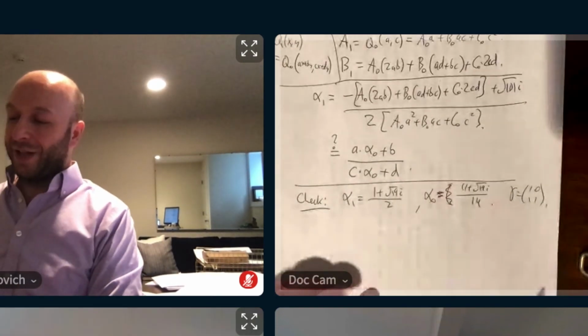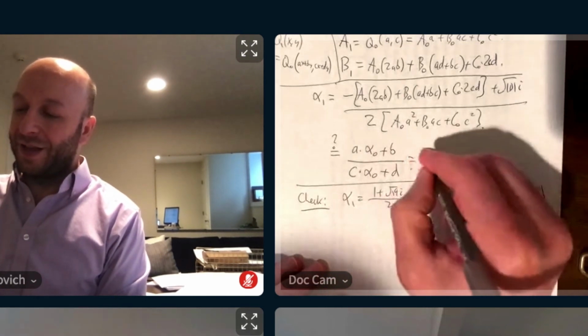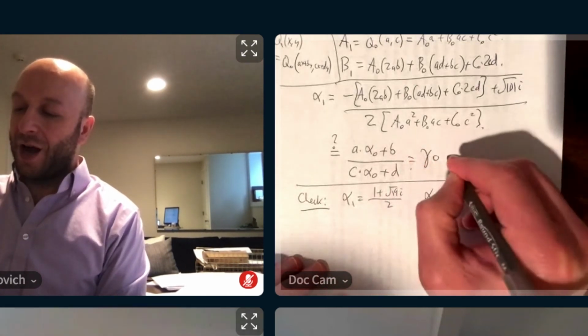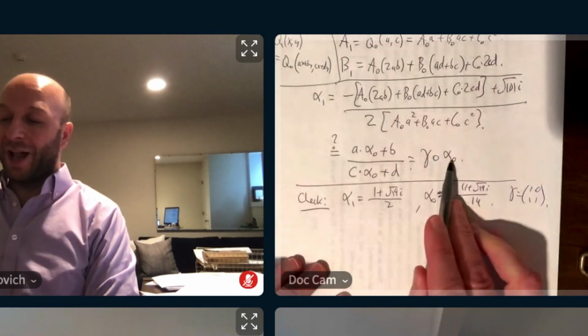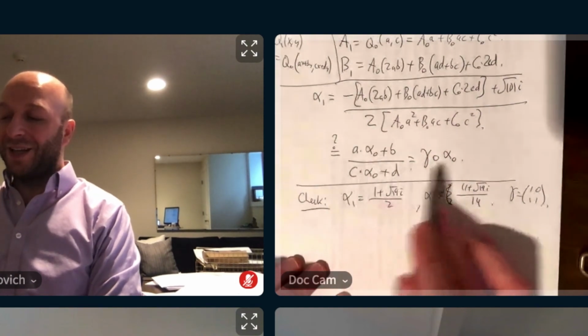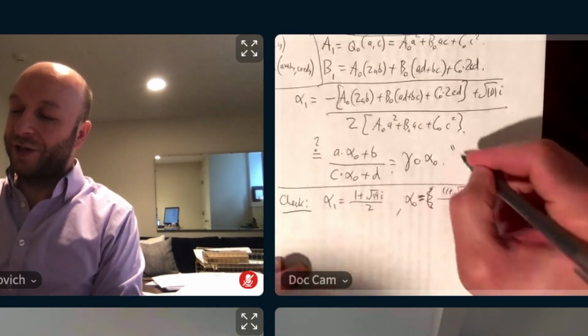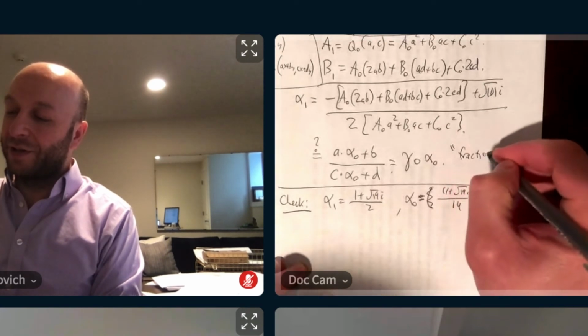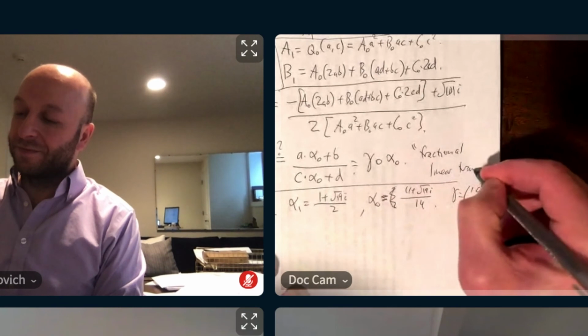Okay, so I'll call this the action of gamma on alpha 0. What gamma does to alpha 0, gamma being ABCD, is this thing. This has a name. It's called a fractional linear transformation.